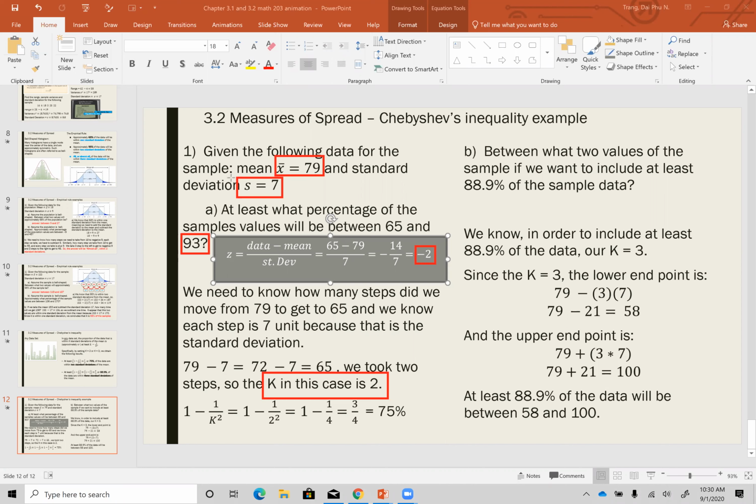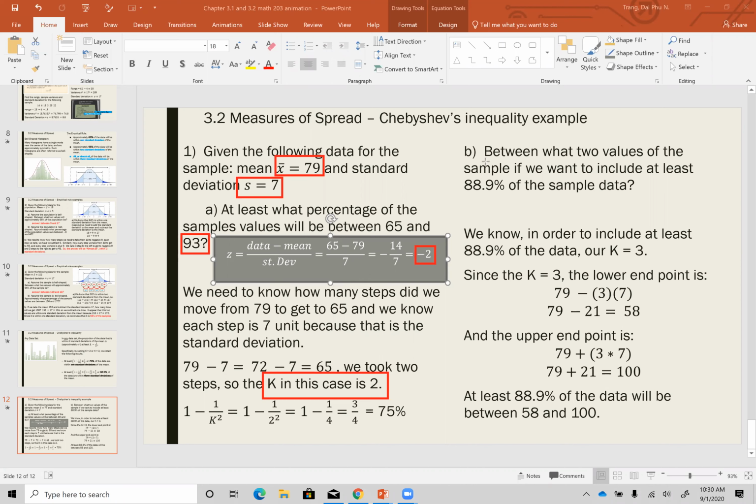So for part A, you can plug into this formula to find your K, and if your K is 2, you say that's 75%. If your K is 3, then it's 88.9%.